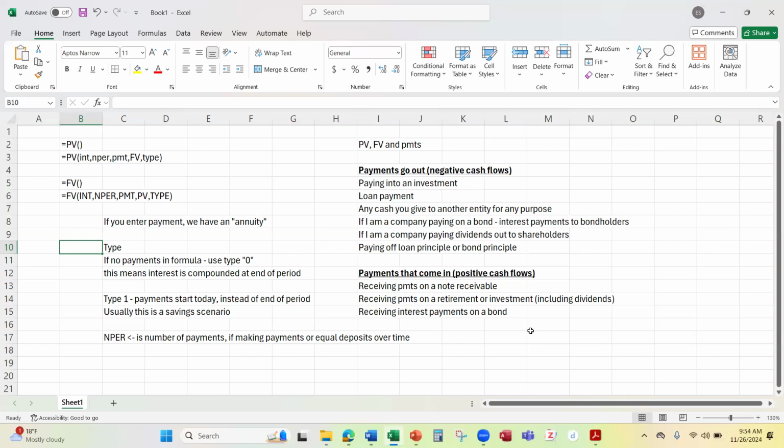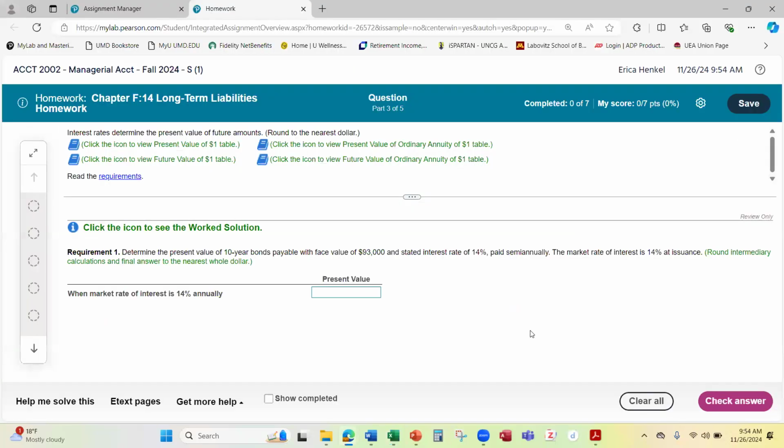So now we're going to walk through, okay, what does this look like if we are using tables to calculate things? So we're going to go through that problem number 7 that I had to open up here.